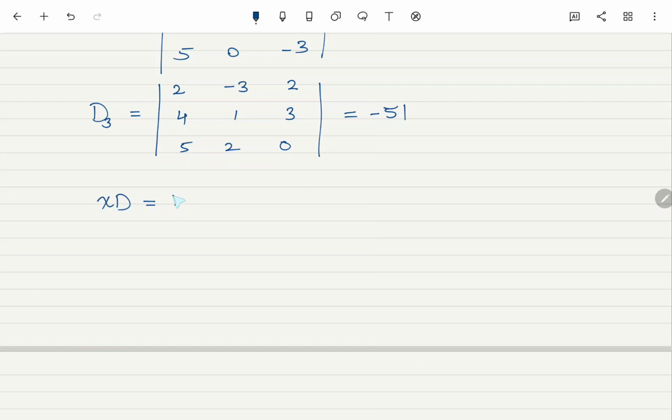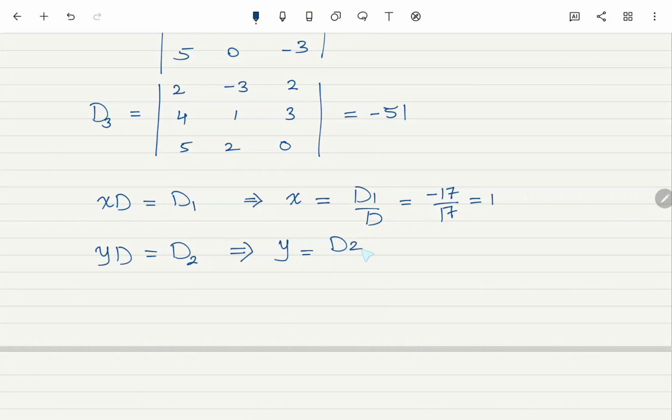Now to find x, remember, xD equals D1. Therefore, x equals D1 over D, which equals minus 17 over minus 17, or 1. Again, yD equals D2, or y equals D2 over D, in other words, minus 34 over minus 17, which equals 2.